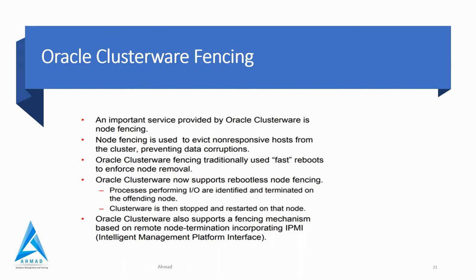The affected nodes should be kicked out, because if they stay in your cluster, it will increase the probability of data corruption due to unsynchronized database writes. Whenever any node is evicted, that eviction is done by fencing. Okay, clear?